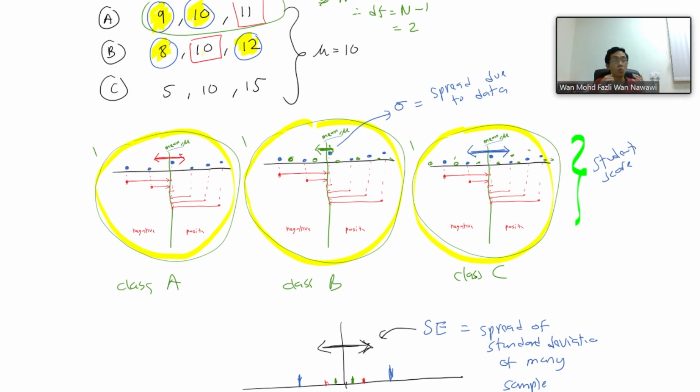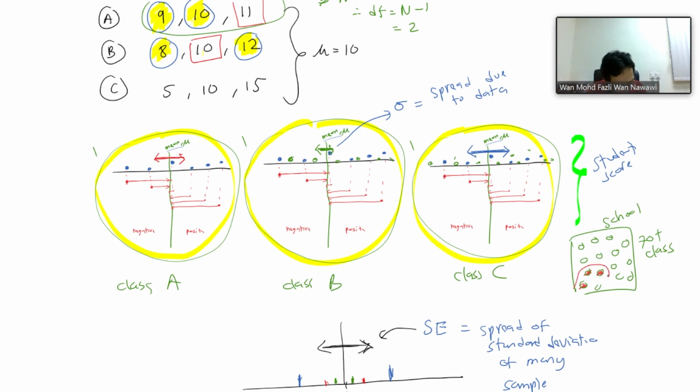But let's say you want to estimate towards the larger population. In the university or school, you have maybe 50, 60, or 70 plus classes, and you are just focusing on these three classes.